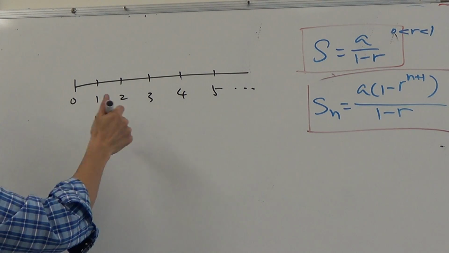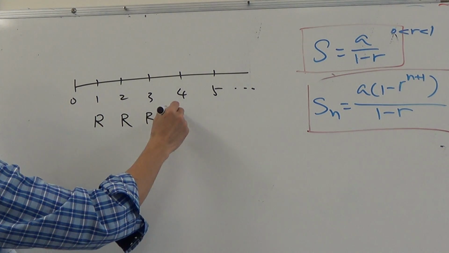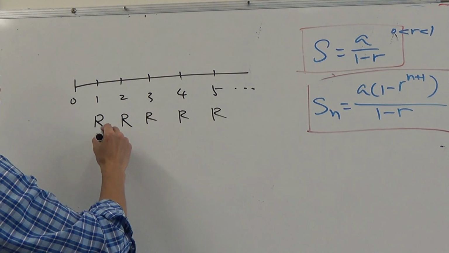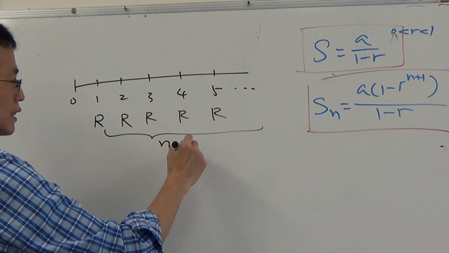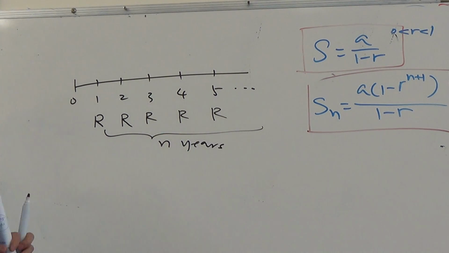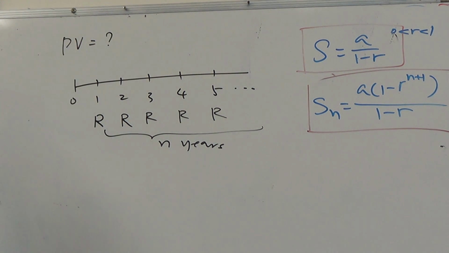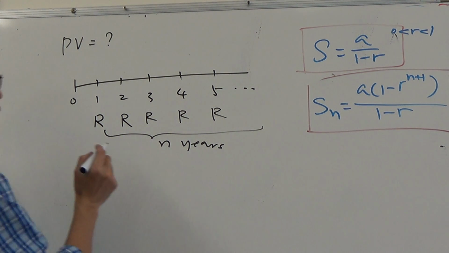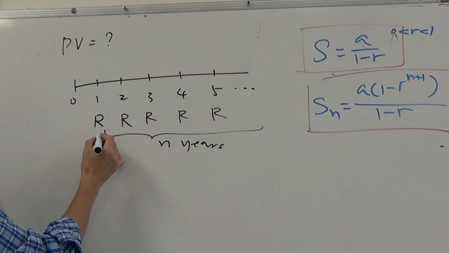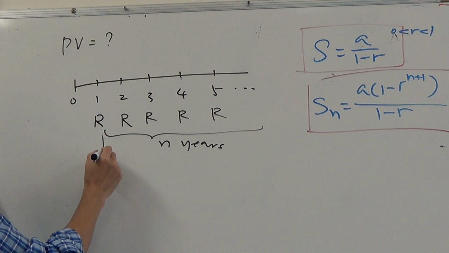There's an R dollar cash inflow, cash inflow, cash inflow, cash inflow for n years. So what is the present value of this annuity? That's our purpose. To get the present value, first, push the year 1 R dollars back to present.